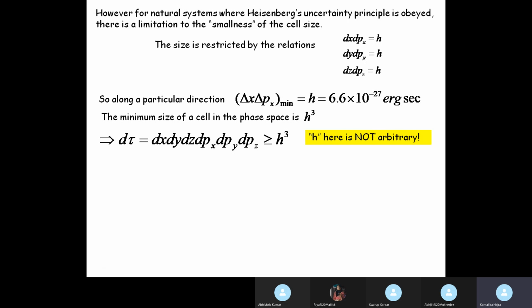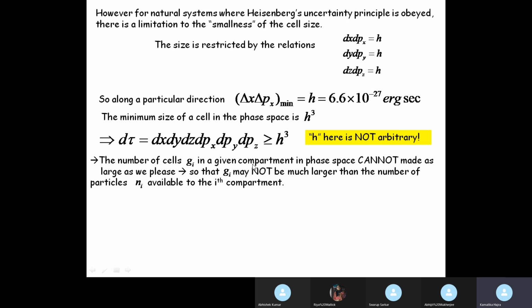And h here is not arbitrary. Okay. So the number of cells gi in a given compartment in phase space cannot be made as large as we want. If you come and tell me that, yes, ma'am, this is the number of cells into which I have divided the compartment, and I tell you, no, I want more compartments, not smaller.